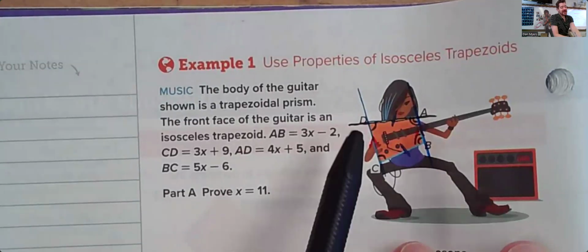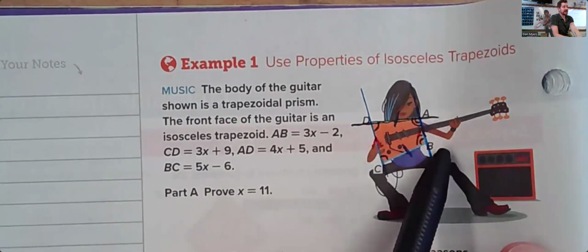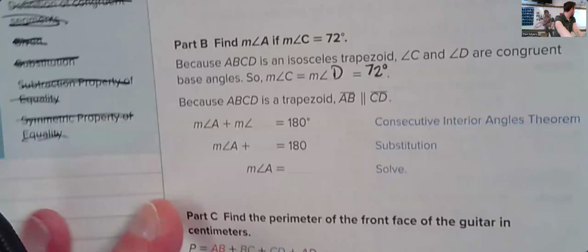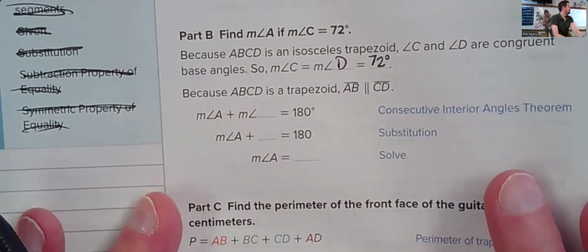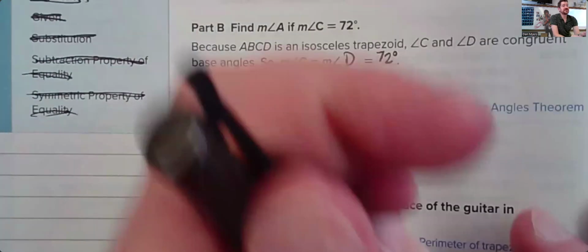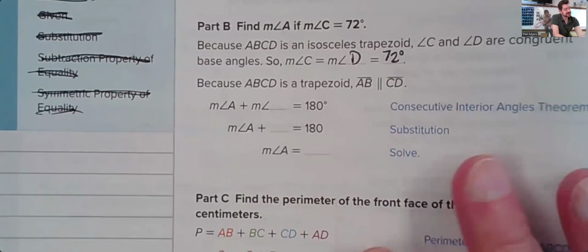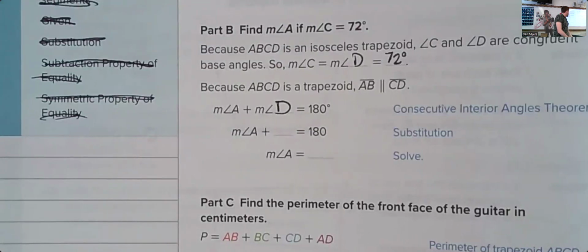That would make A and D same side interior angles in between a set of parallel lines. So the measure of angle A adds with what angle to equal 180? D. Yeah. A and D are same side interior angles. Same side interior angles are supplementary, which means they add up to equal 180 degrees.